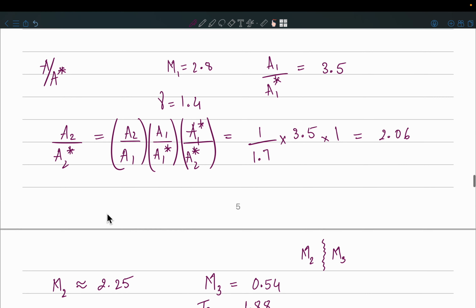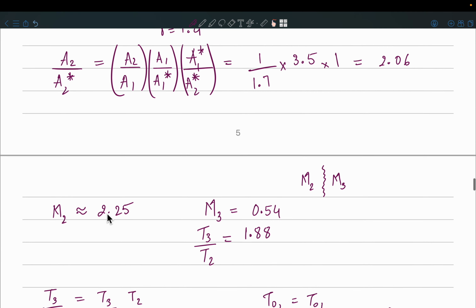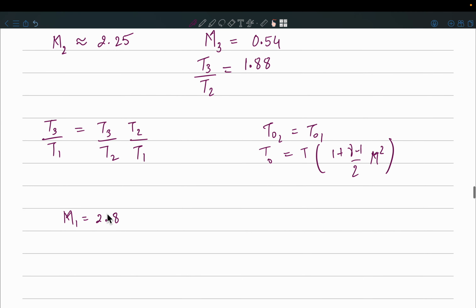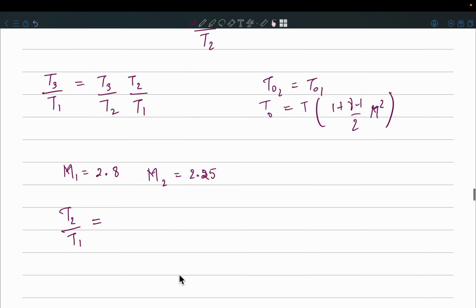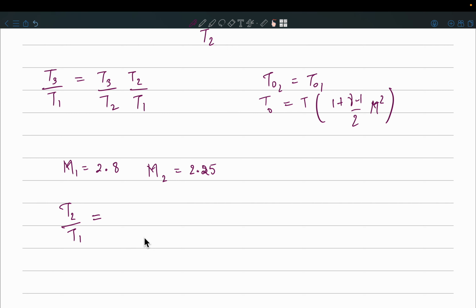Yeah, so please find T2 by T1 and tell me. Yeah, gamma is 1.4, you can take.